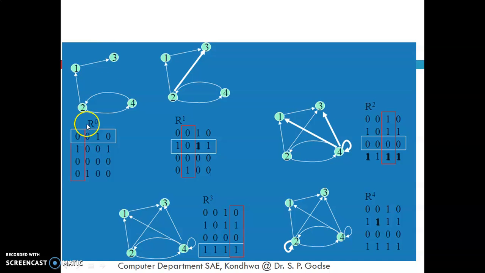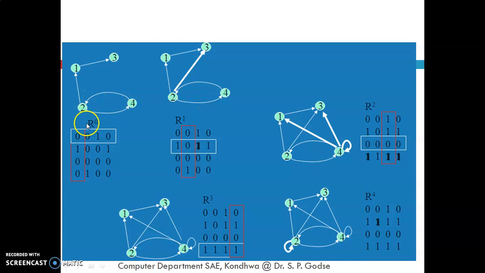It is also represented in the digraph. If there is an ordered pair from 1 to 3, then we know how to represent it. So the 1 to 3 edge is shown in this diagram. In the same way 2 to 1, 4 to 2 and 2 to 4 edges are shown.